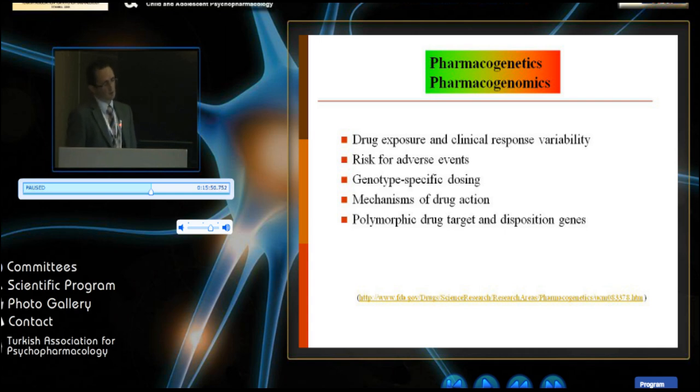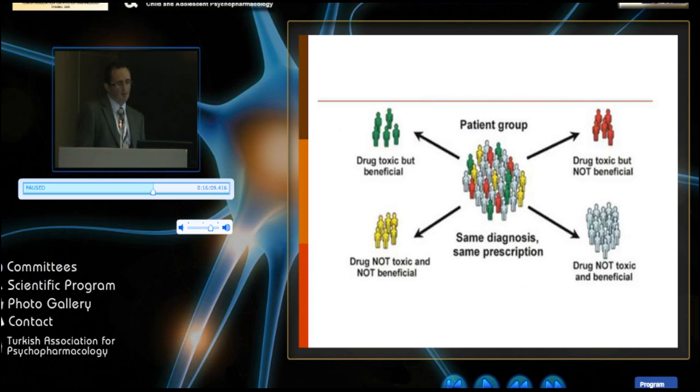Pharmacokinetics, what does this provide to us? Drug exposure and response might be very important. Genotype-specific dosing, can we really do that? And what about the mechanisms of drug action? This gives us information on this too. And the molecules targeted by the drug, whether they're polymorphic or not, is also answered by this method.